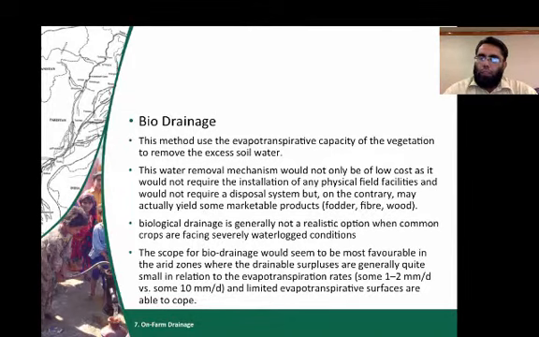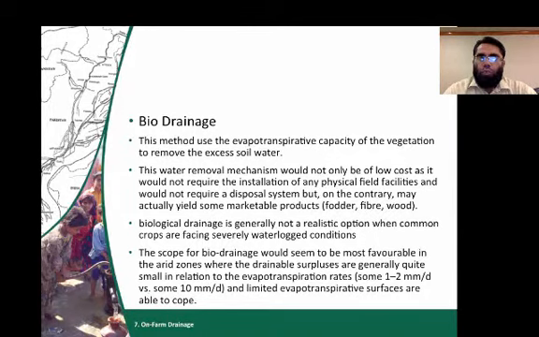Okay, there is another system of drainage known as biodrainage, and in this method we use the evapotranspiration, the transpirative capacity of plants, to remove excess water.